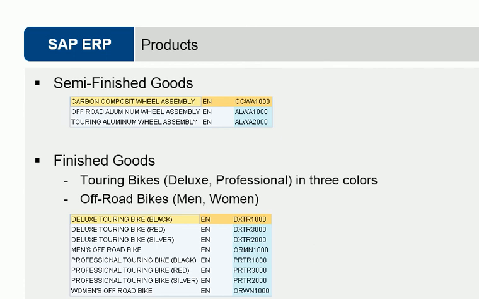And then we use the semi-finished goods to deliver the final product, the finished goods at the end. Of course, our finished goods are just bikes. So we have touring bikes and off-road bikes, and some are for men, some are for women. We also have three main colors, I think black, red, and silver.